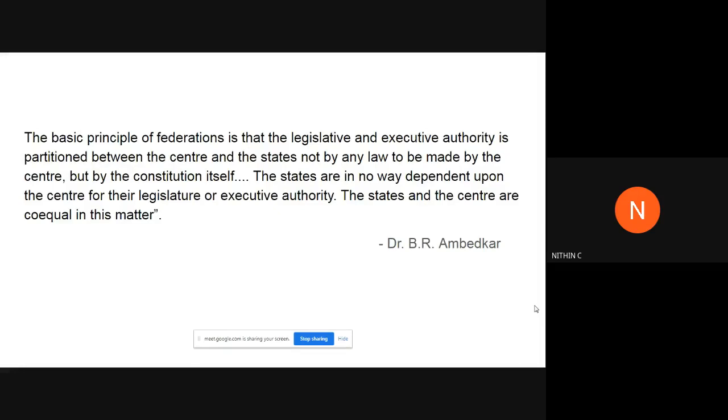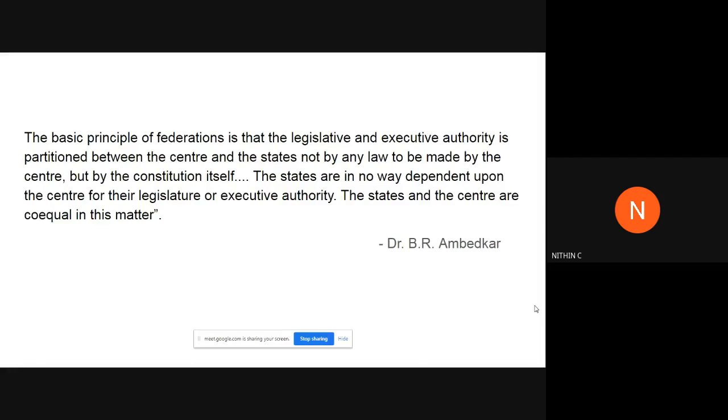So our constitution itself divides the powers between union and state. It is not brought by any law or something like that. Such a division is brought by the constitution itself.